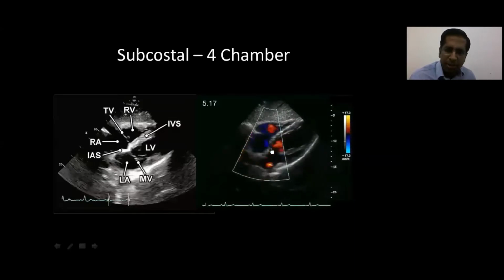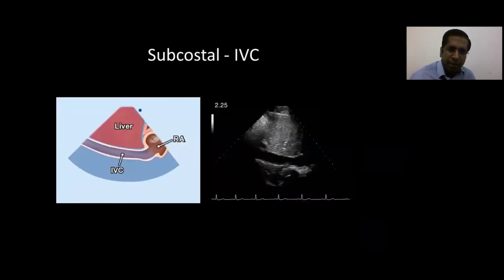Now, just to note that interatrial septum dropout can be seen in the four-chamber view. So that many times is wrongly reported as an ASD. But when we look at the subcostal view, there may not be any ASD. That is the importance of looking at the subcostal view for the interatrial septum. There are other subcostal views also, but that I'm not going into right now.